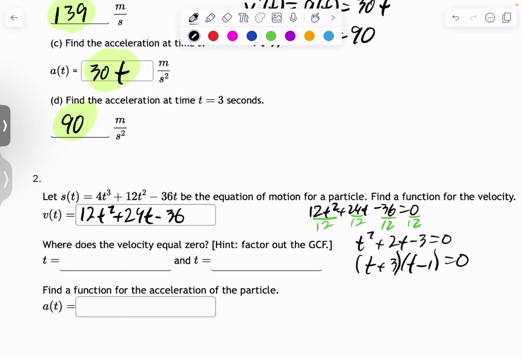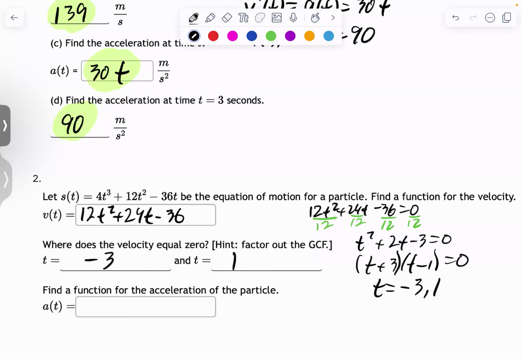So t is going to be -3 and 1. It doesn't give a unit. I'm assuming that's in seconds, but I could be wrong. So t is -3 and 1.